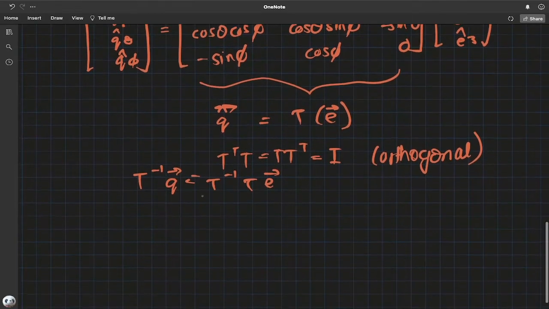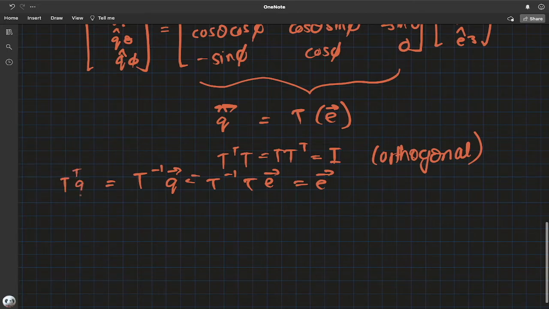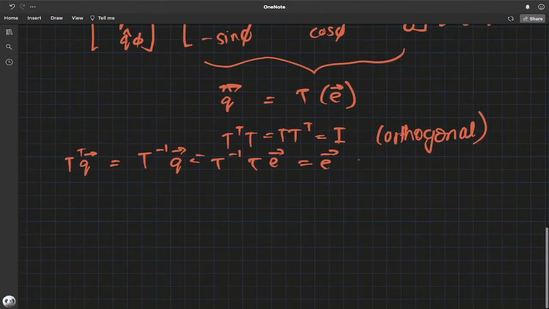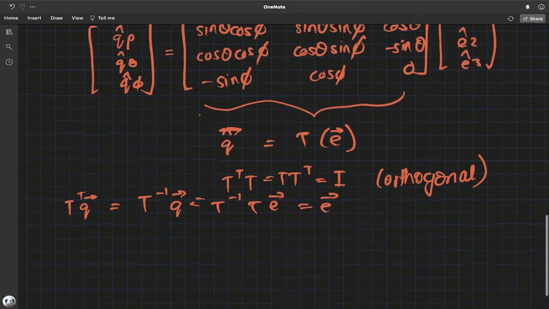By definition, the inverse will just give the identity here. But the inverse is just the transpose, because the matrix is orthogonal, as discussed. So it's easy to switch, even with the inverse transformation in this case.